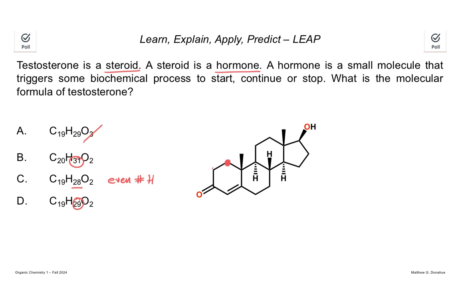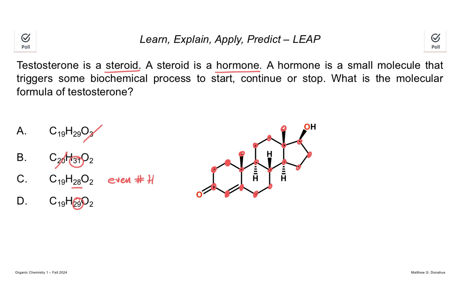So 1, 2, 3, 4, 5, 6, 7, 8, 9, 10, 11, 12, 13, 14, 15, 16, 17, 18, 19. So there's 19 carbons. So right there we can eliminate B.